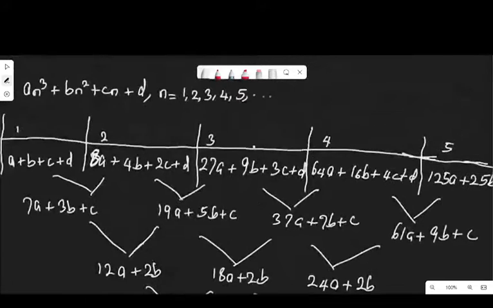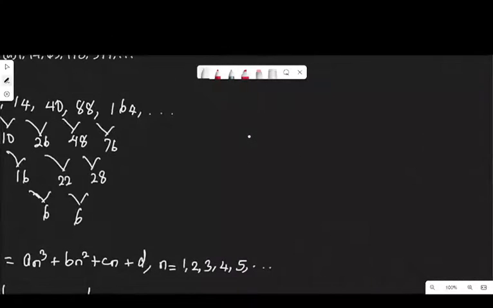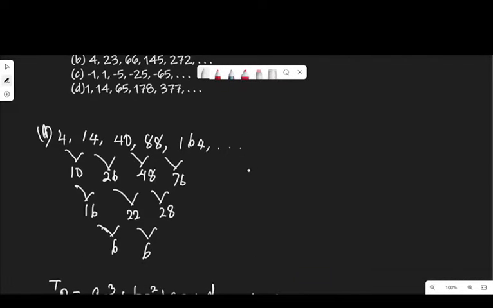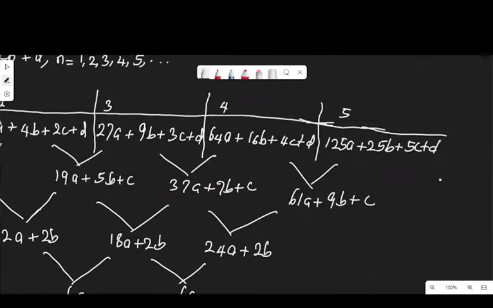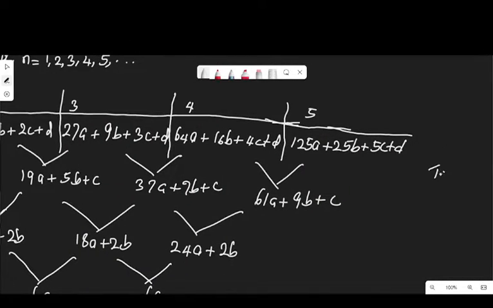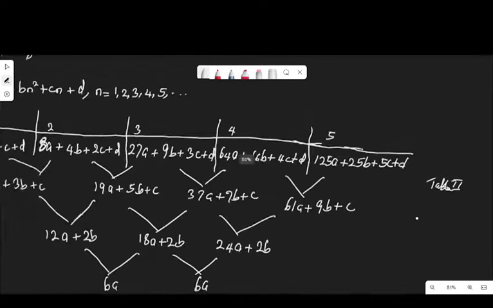Now, if I call this one here table 1, and I call this table 2. Let me zoom out a bit so we can see the tables at a glance.